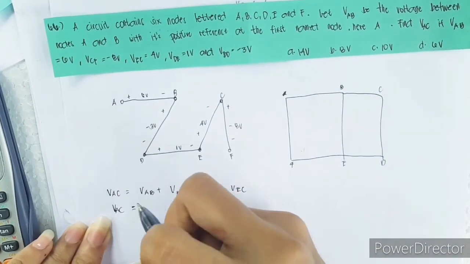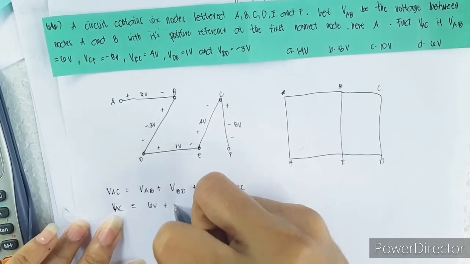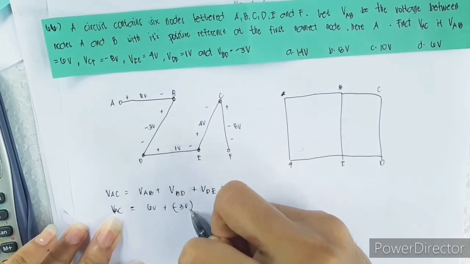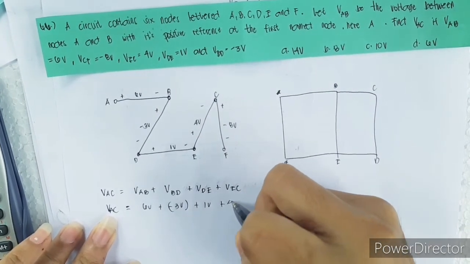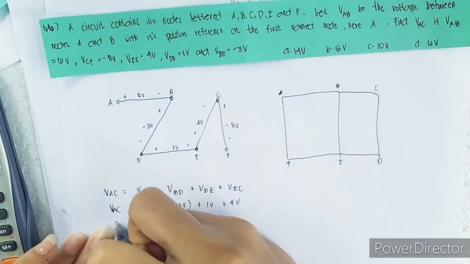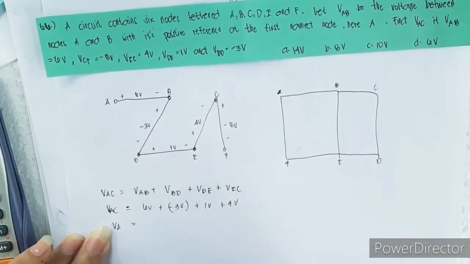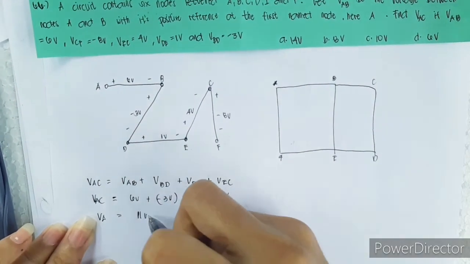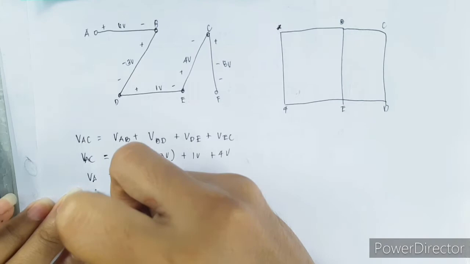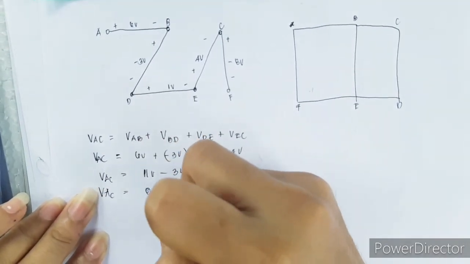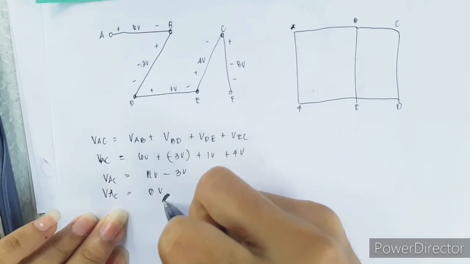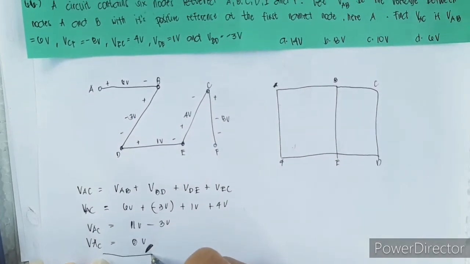We have here 6 volts, minus 3 volts, plus 1 volt, and plus 4 volts. We have 11 volts minus 3 volts, so we have 8 volts, letter B.